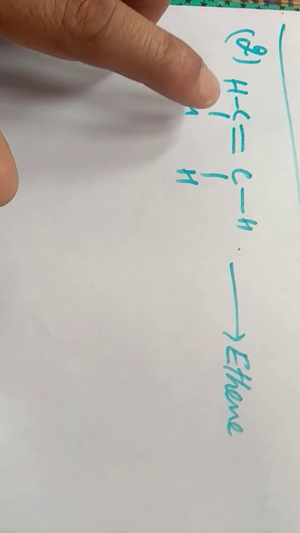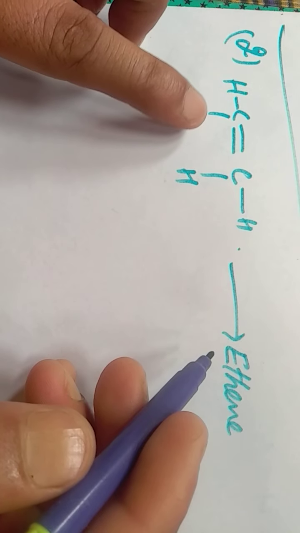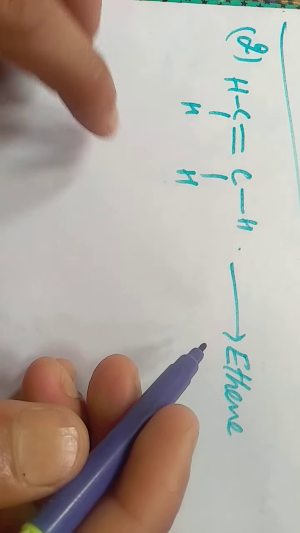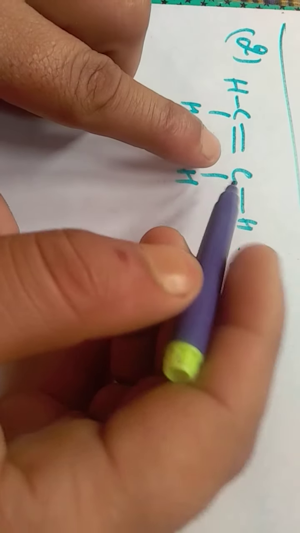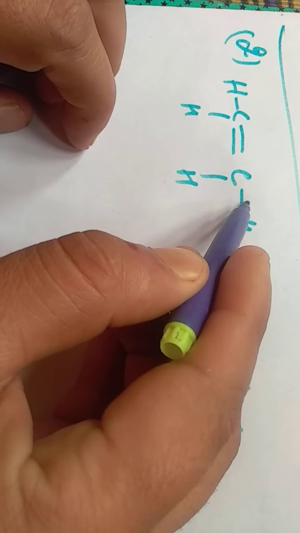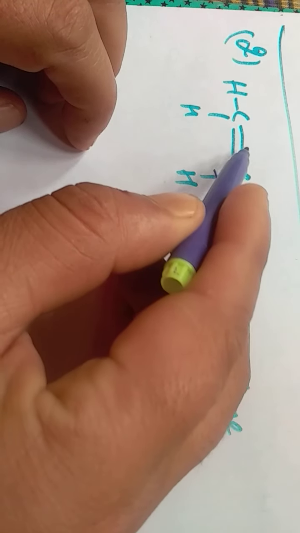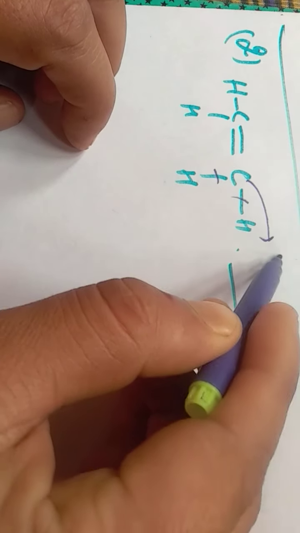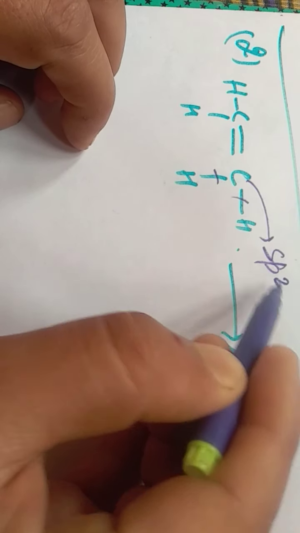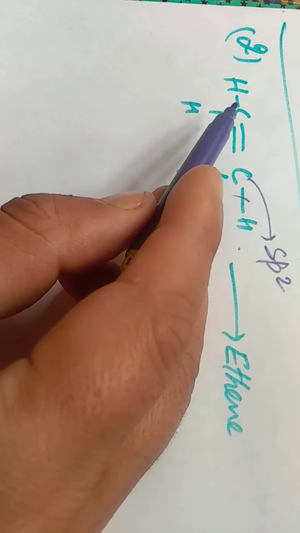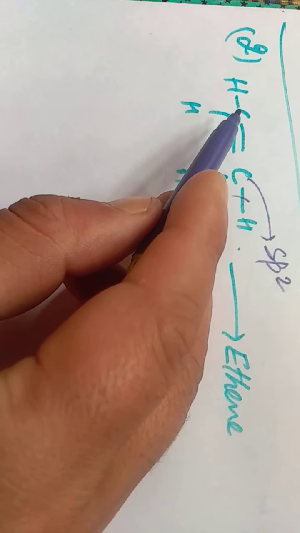Second example is ethene. Now we have to decide hybridization at every carbon atom. So we start from this carbon atom. How many sigma bonds are there? 1, 2 and 3. 3 sigma bonds are there. So hybridization is sp2, right? Now we go to this carbon atom.